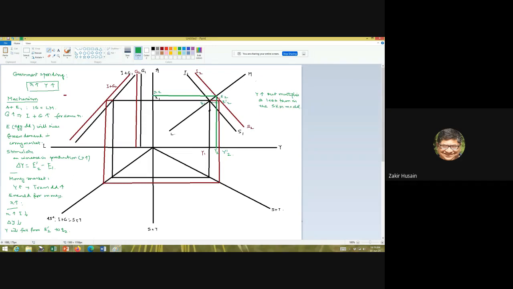in the simple Keynesian model. Okay, in the simple Keynesian model, where we only had the commodity market, income would have increased from E1 to E prime 2. But here, the final increase in income is from E1 to E2.